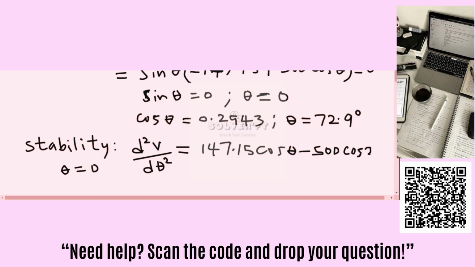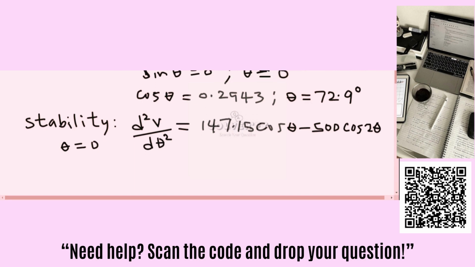So if we now consider when theta is 0, I will plug into that relation to get the second derivative.